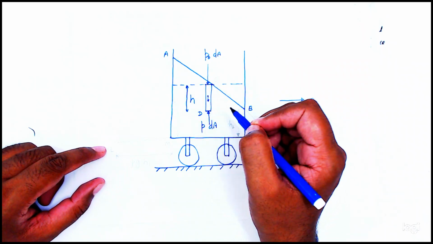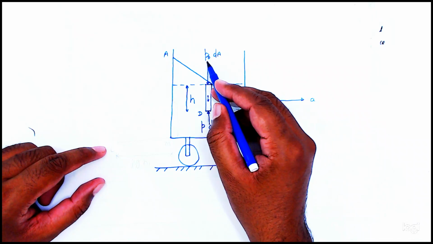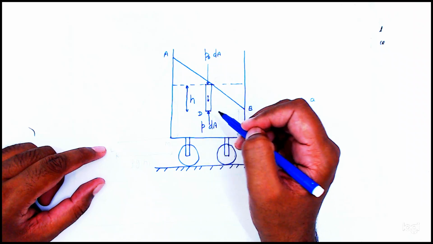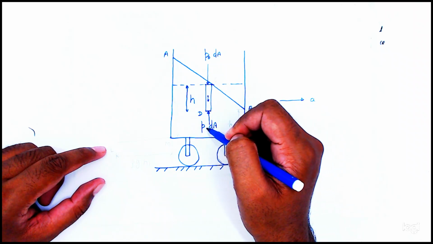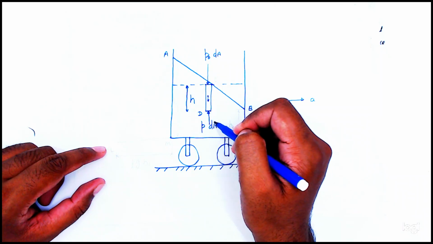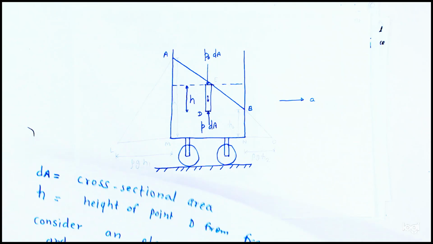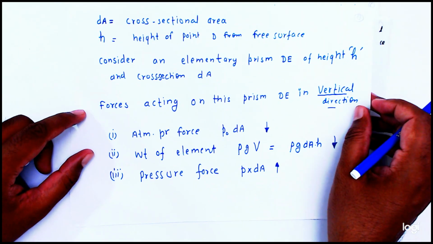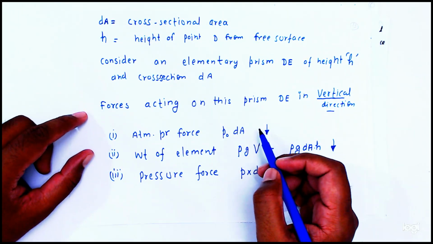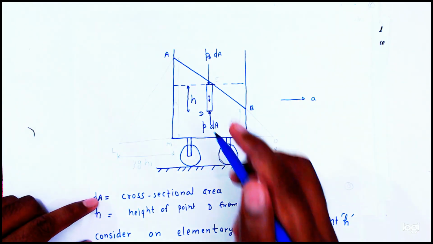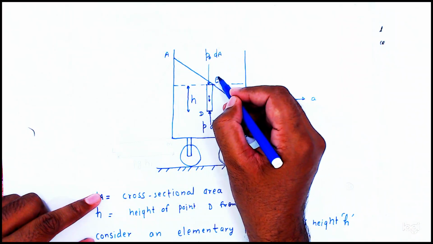So three forces are there. This atmospheric pressure is in the downward direction, the weight of the prism will work in the downward direction, and at this point the pressure force equal to P into dA will work in the upward direction. Getting friends? So here we already discussed forces acting on the prism DE. Let's suppose this D and E is the prism.